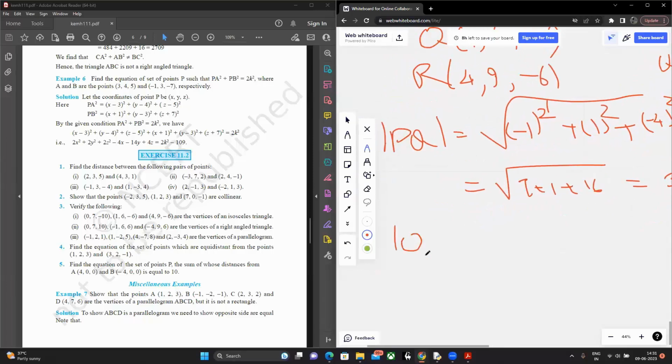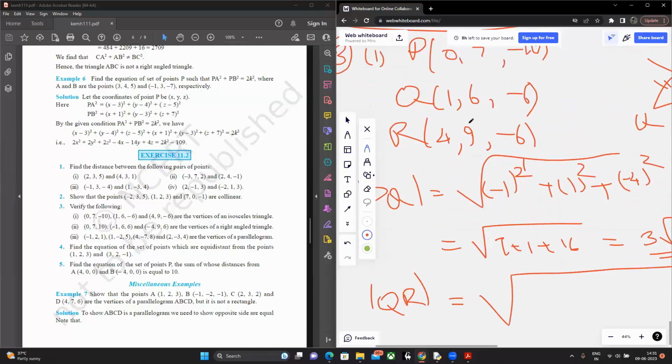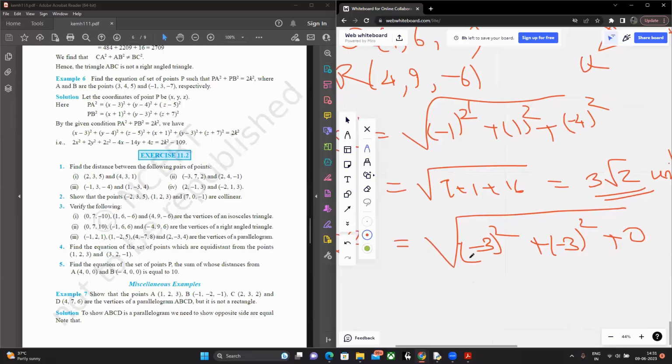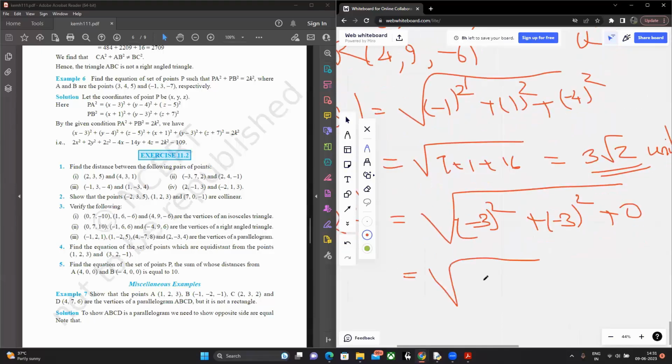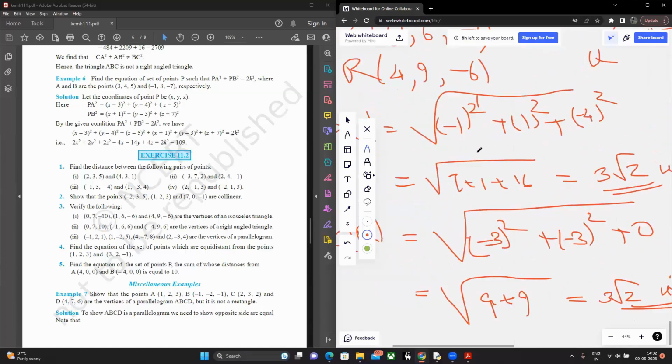Then you have mod QR, that is going to be square root of 1 minus 4, that is minus 3 the whole square, plus 6 minus 9, that is again going to be minus 3 the whole square, plus minus 6 minus 6, that is going to be 0, right? And 0 squared is 0, so this is equal to square root of 9 plus 9, that is basically 3 root 2 units, right?